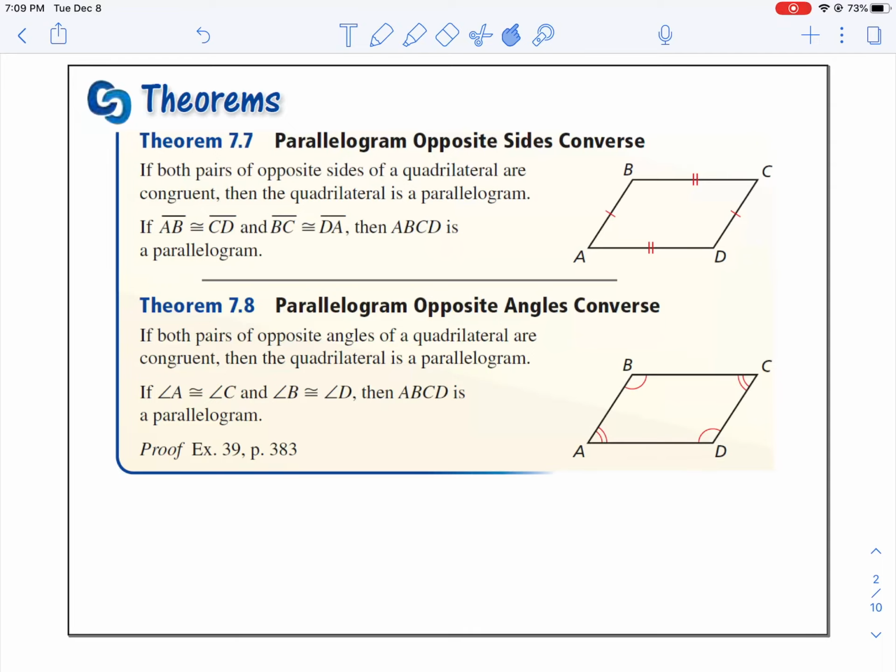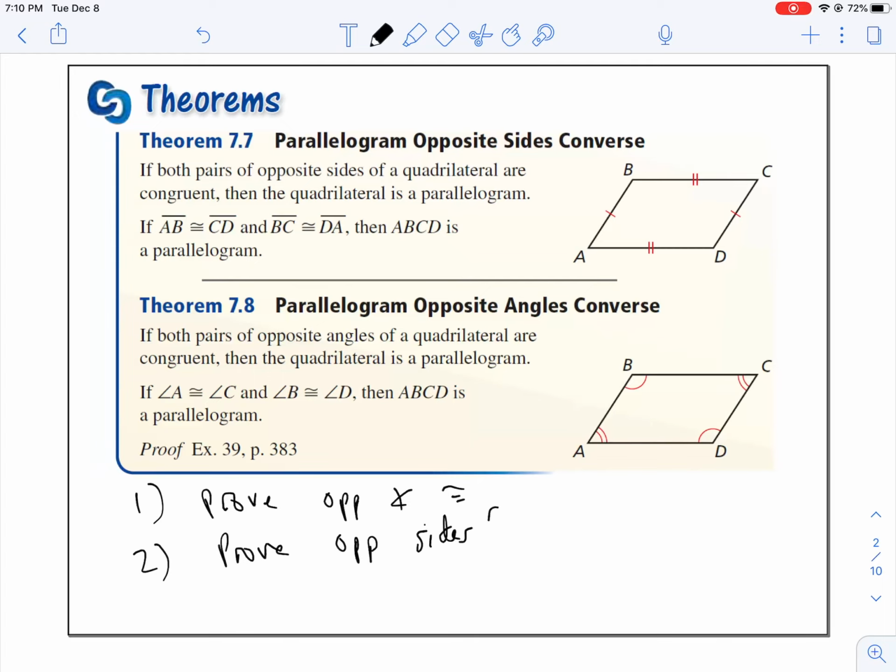We already know that parallelograms are like that because we learned that last video. So, we can prove that the opposite angles are congruent, or we can prove that the opposite sides are congruent. There's our two ways.